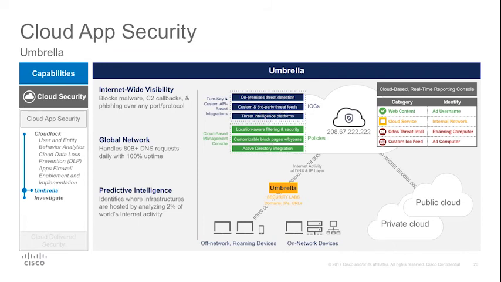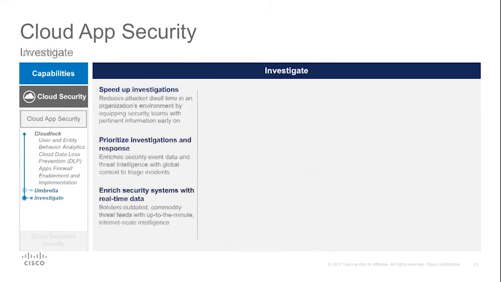The counterpart to Umbrella is Investigate, which enables customers to research current and future threats. In a single correlated source, Investigate provides access to all of Cisco's threat intelligence about domains and IPs across the internet. Investigate offers businesses the most complete view of the relationships and evolution of domains, IPs, and autonomous systems, or ASNs.